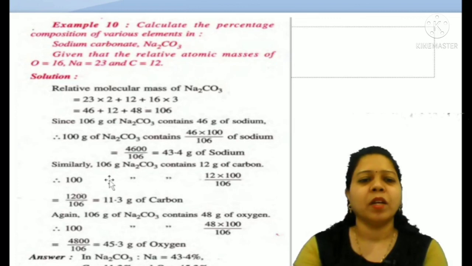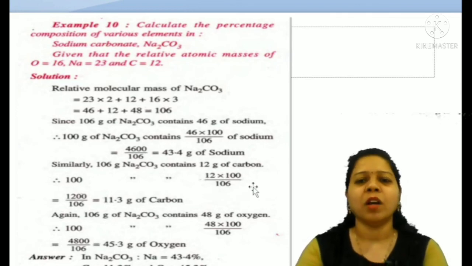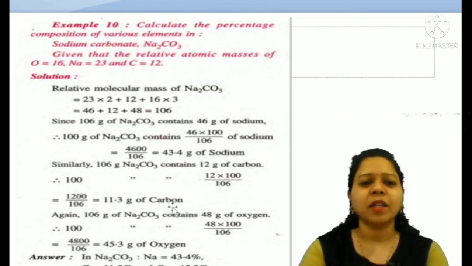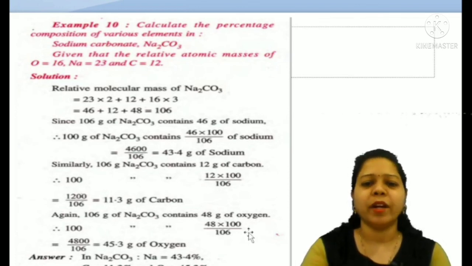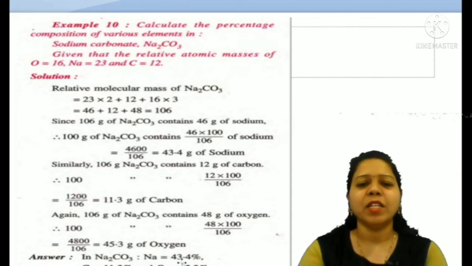Then we are doing 12 upon 106, because mass of that element divided by mass of the whole compound, into 100, and we get 11.3%. Again, 106 gram of sodium carbonate contains 48 gram of oxygen, so we take 48 upon 106 into 100, and we get 45.3%. That's why in Na2CO3, Na is 43.4%, carbon is 11.3%, and oxygen is 45.3%.